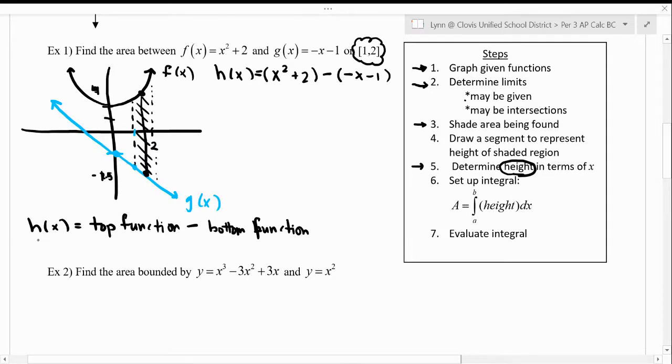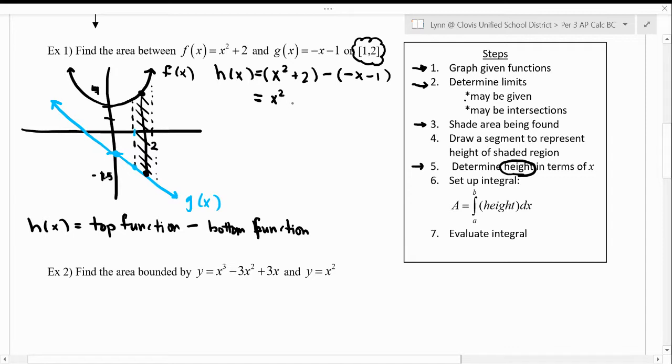So how do I always find h of x? I do where is the top of that area defined by minus where is the bottom of that area defined by. So the top was defined by f of x, the bottom by g of x. And then because we're going to have to integrate, we are going to simplify always just a little bit.